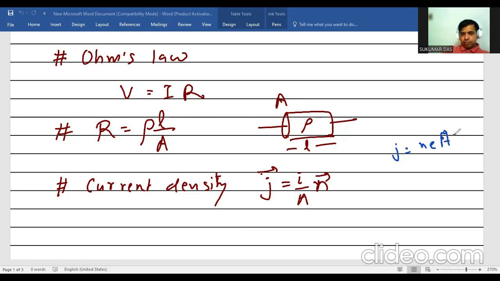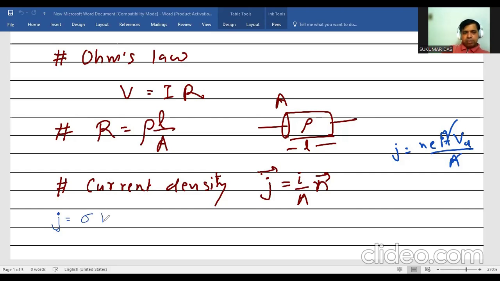So we'll be left with neVd, and now Vd is given by minus eE by m into 2R. So from here we can actually get the formula that current density is equal to sigma into electric field.